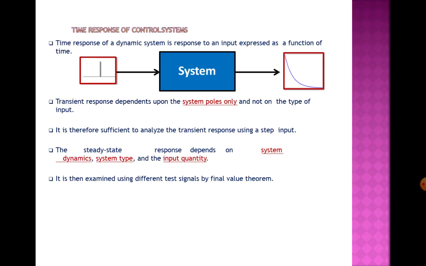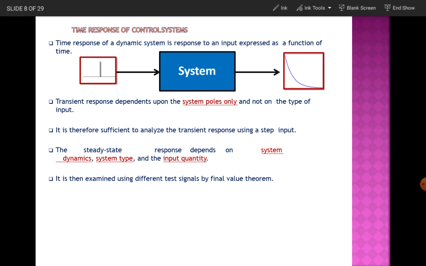Next, we have to find out the time response of any given system. The system may be a first order, a second order, or higher order system. First, we need to have the transfer function model of the system. This mathematical model is available for us.